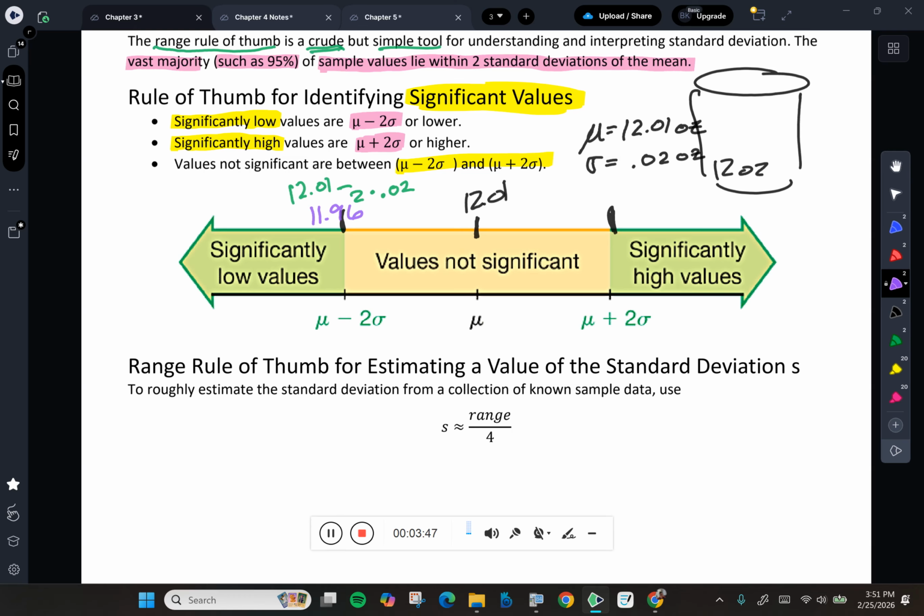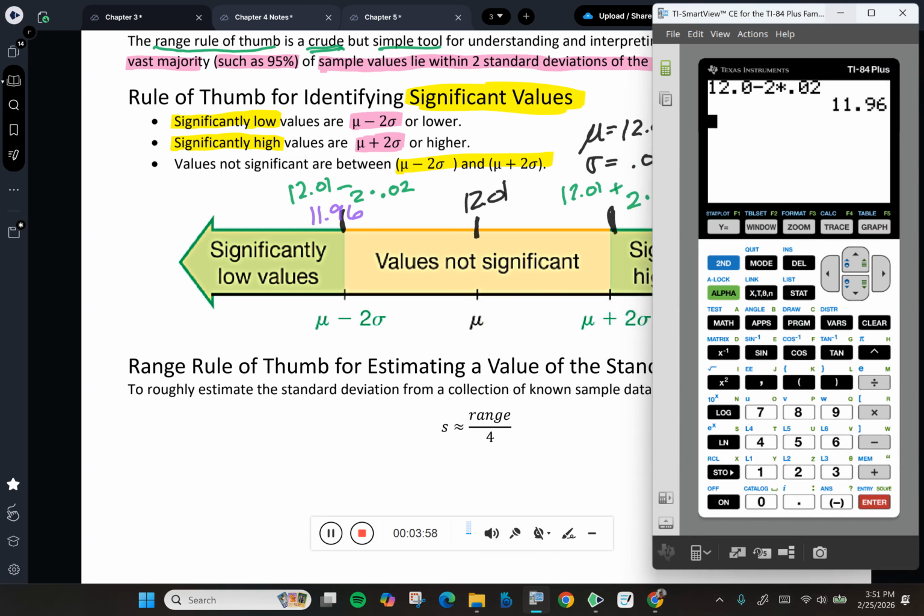The same way I would check for a significantly high value. I would say 12.01 plus 2 times our standard deviation of 0.02. Again, I'm going to grab my calculator. So 12.01 plus 2 times 0.02, and I get 12.05.